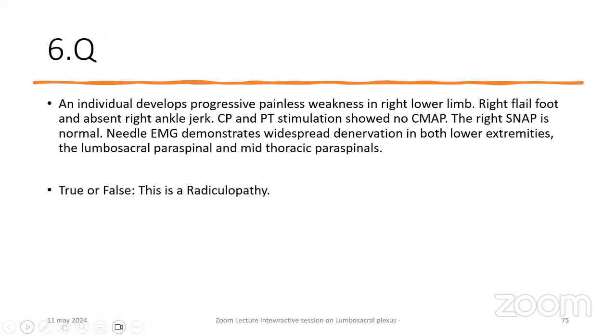An individual develops progressive painless weakness in the right lower limb, right flail foot or foot drop, and absent right ankle jerk. The CP and PT, that is fibular and tibial stimulation, showed no CMAP. The right side SNAP is normal. Needle EMG demonstrates widespread denervation in both lower extremities, the lumbosacral paraspinals, and mid-thoracic paraspinals.